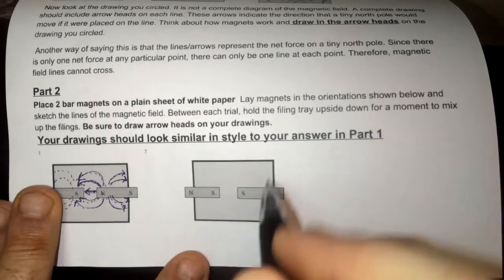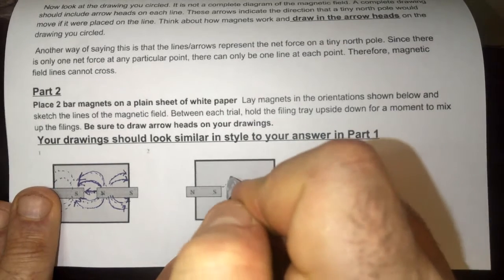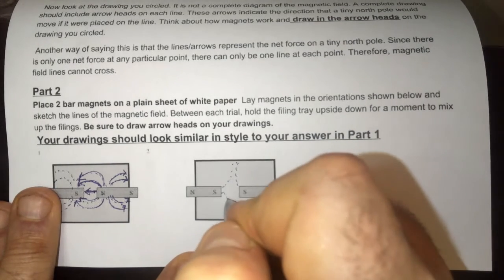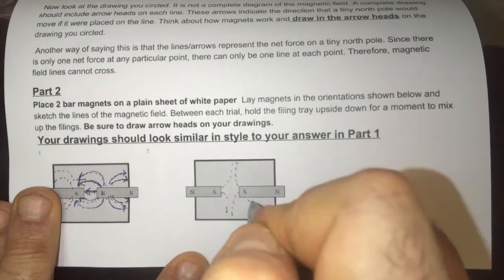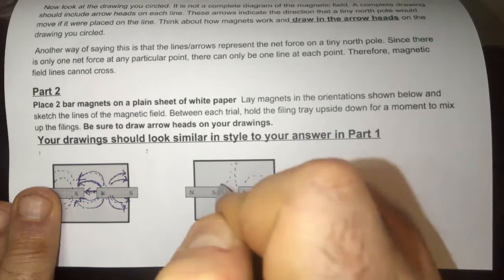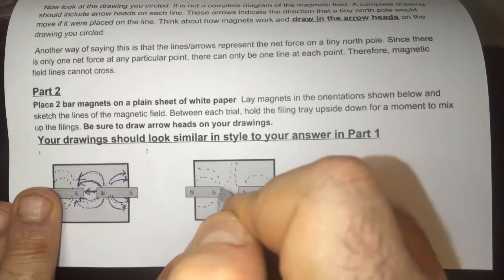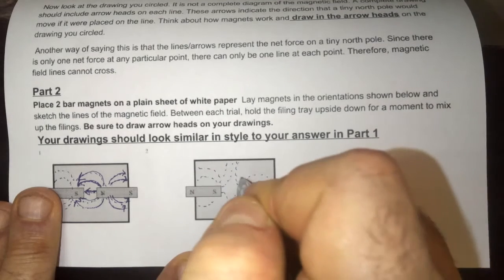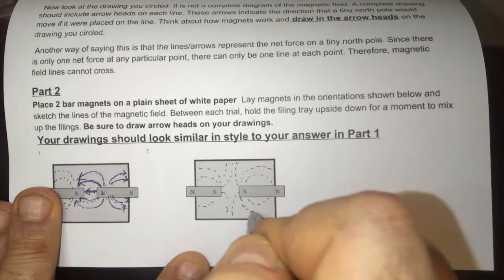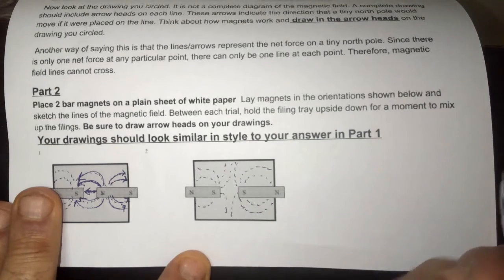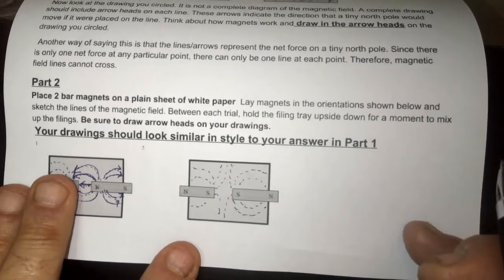In the next one, your filings should line up in this kind of a pattern. That's what you'd see when you looked at the tray.